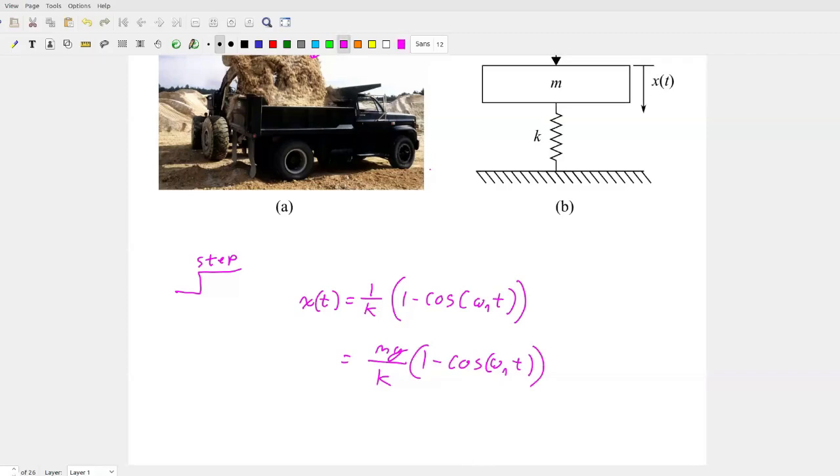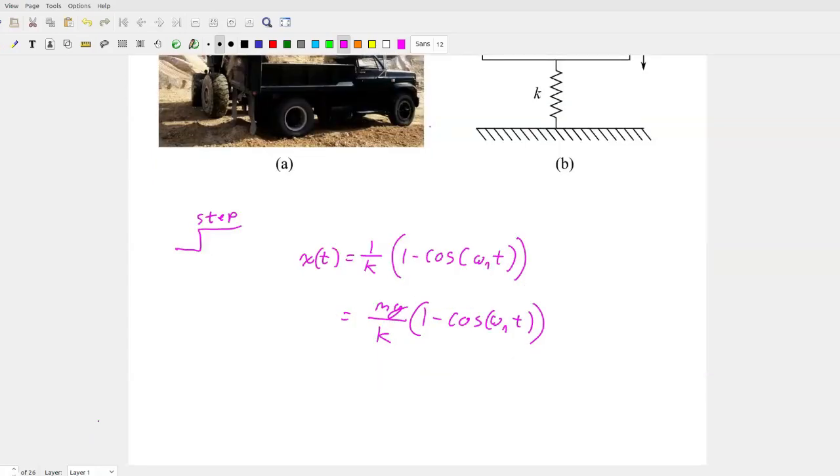Okay, so if I think about this, when do I get the maximum displacement on this structure? Cosine can only be a maximum of +1 and a minimum of -1, right? Those are going to be my extremes. And I've got 1 minus cosine. So when my cosine is 1, I'm going to have a displacement of 0, which isn't very maximum.